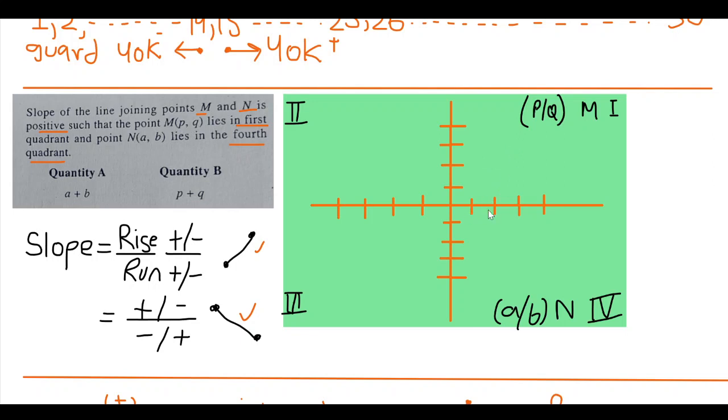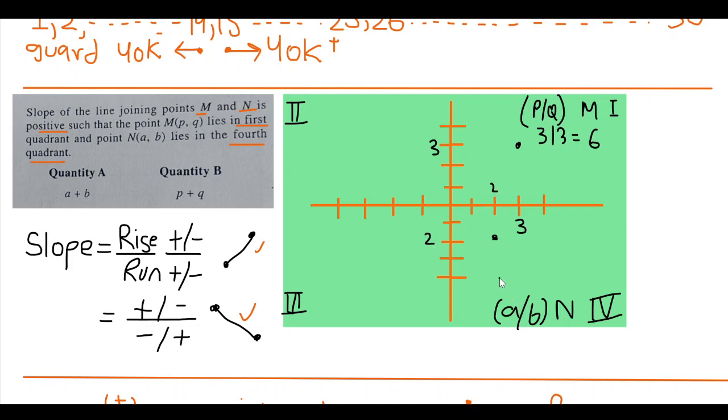Let's say this is 1, 2, 3, and this is 1, 2, 3, and let's say this is point M, where P is 3 and Q is 3. If I do the sum, I'm going to get a 6, right? And let's choose a number, since I'm interested in a positive slope. Let's say this is N, 2 from here and 2 from here.